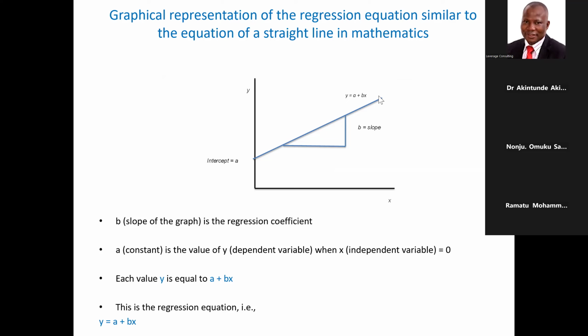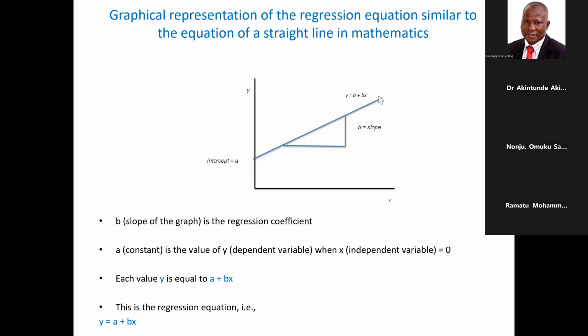But if that person is not there at all, does that mean that you will not be educated? Not necessarily. So that is what A means, the constant: the value of y when x is 0.